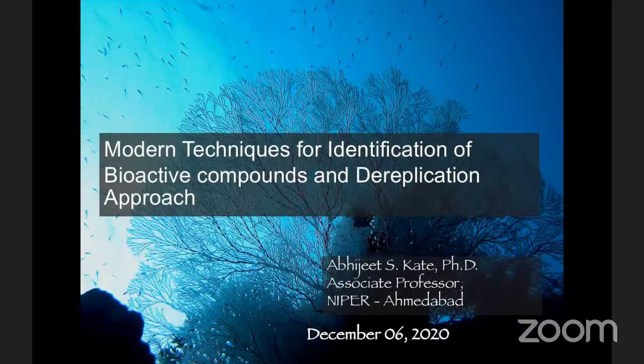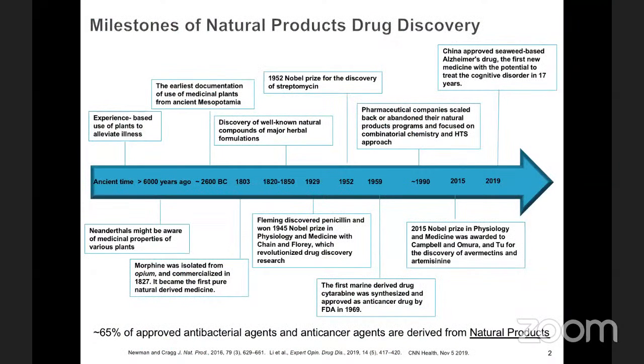All right, so when we talk about milestones of natural product drug discovery, I mean to say that it has an important role. They have given a lot of molecules, and even so many Nobel Prizes have been awarded based on natural product drug discovery.